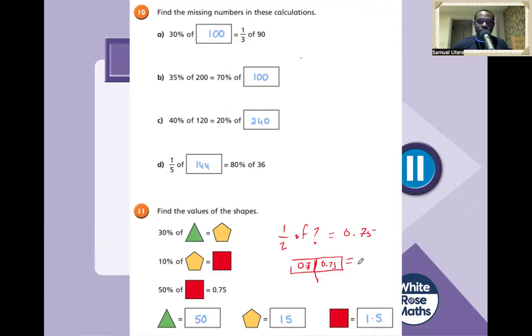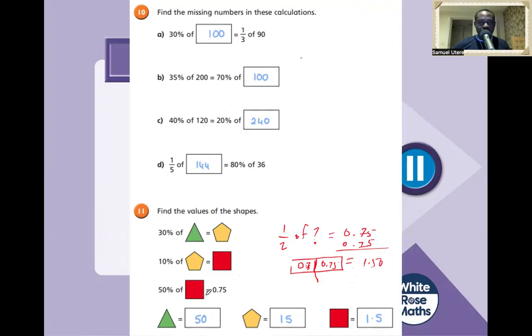Now, 0.75 plus 0.75 will be equal to 1.5. So the whole lot should be 1.5.